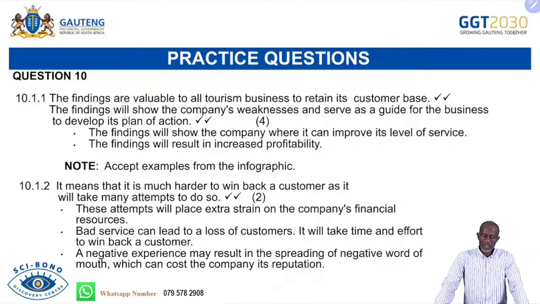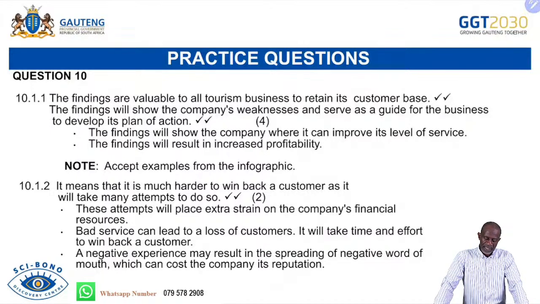The findings will show the company's weaknesses and serve as a guide for the business to develop its plan of action. Other possible answers: the findings will show the company where it can improve its service level, and the findings will result in increased profitability.